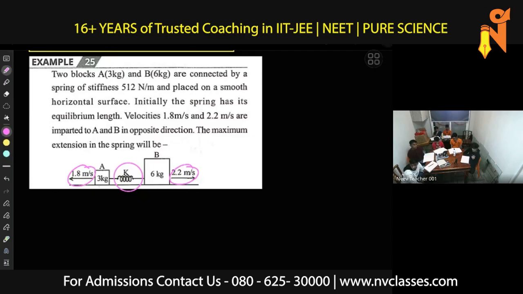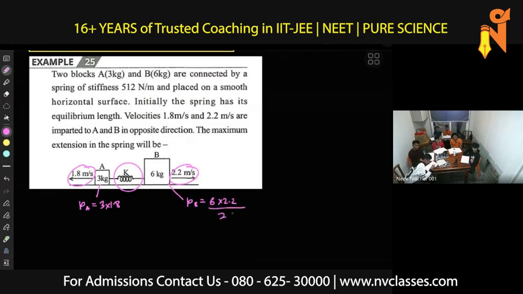So A has got a momentum of how much? 3 into 1.8, right? B has got a momentum of how much? 6 into 2.2, right? Zero time should be wasted in doing the calculation of how much it is, because you have to use it.